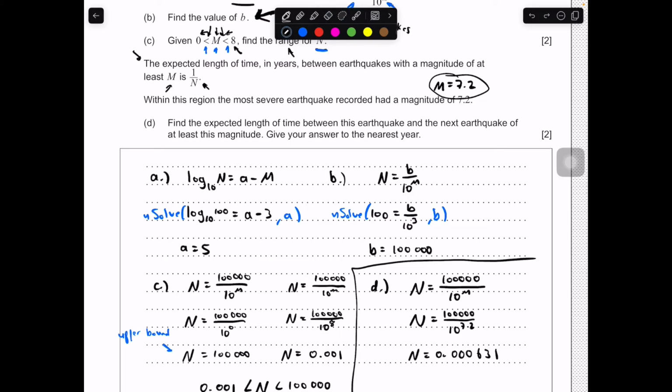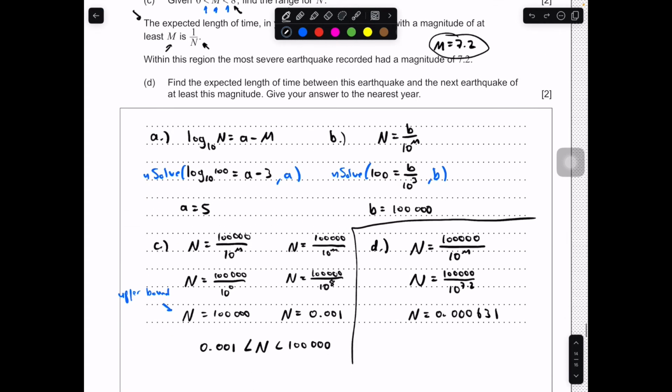So how many of these massive earthquakes would we expect to have a year? The number is a very, very small fraction. It occurs very infrequently. So n, the number of earthquakes that we would expect of this magnitude every year, is such that we wouldn't even expect to have one of these earthquakes.